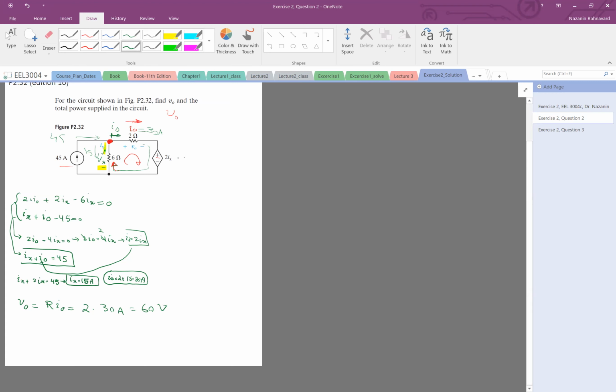Now look at this voltage, 2 times Ix. Ix is 15, so 30 volt is here. So we have 30 volt here, and for VO, we have 60 volt there.